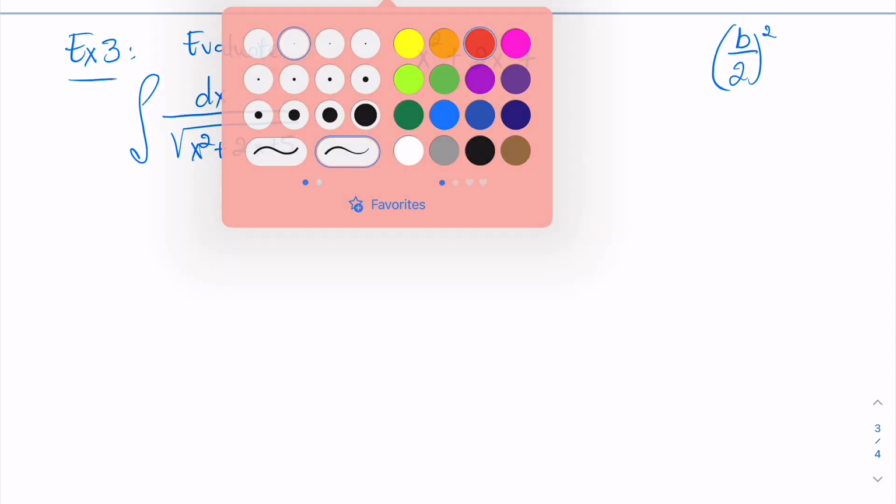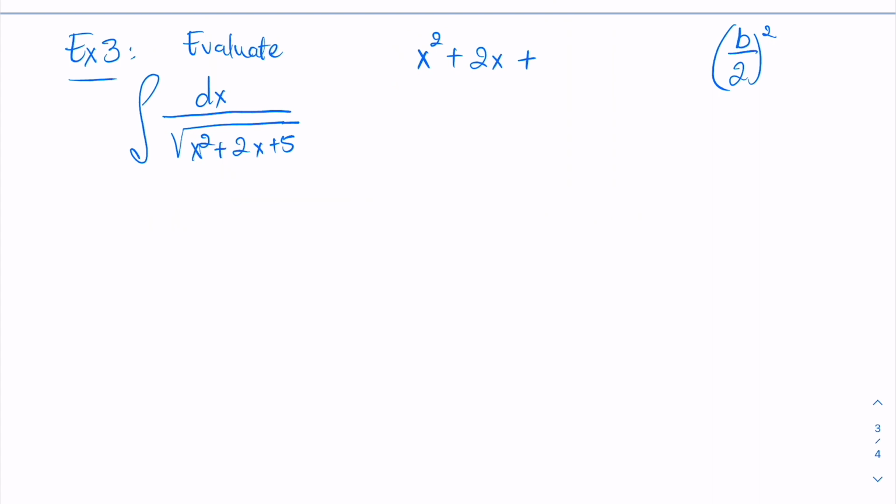So I'm adding 1. Now you cannot just simply add 1 because you're going to change the problem. So if I add 1, I have to subtract 1 right away. And don't forget, we still have that plus 5 there. So this part turned into an x plus 1 squared, which is a perfect binomial. And negative 1 plus 5 is going to be plus 4.